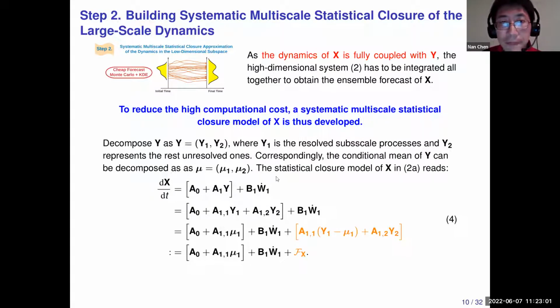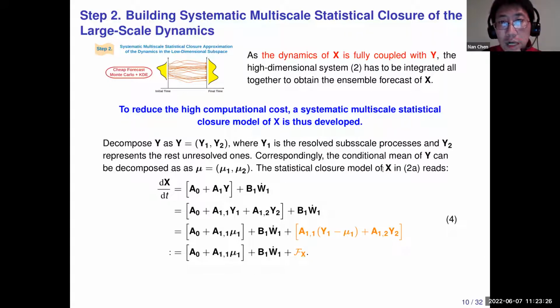And how to do that? First, we decompose this high-dimensional variable y as y1 and y2. Usually y1 is the resolved subscale process, and y2 is the rest, the unresolved ones. Then correspondingly, we denote mu1 and mu2 as the conditional means of y1 and y2.